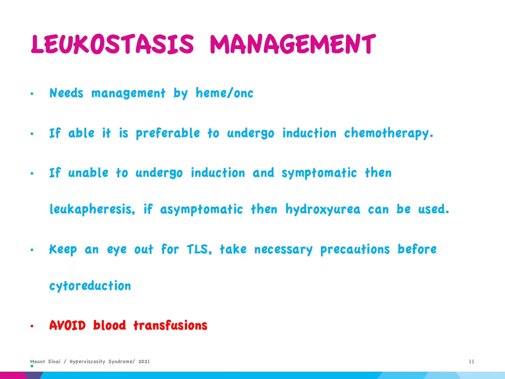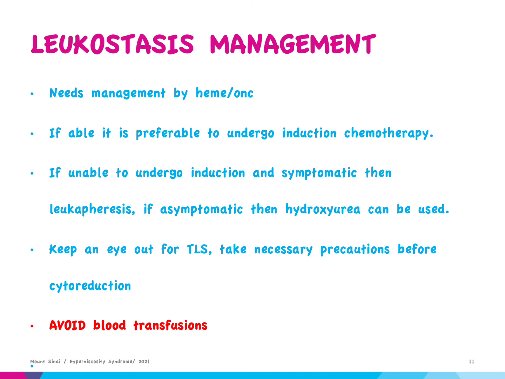And well, you need to really keep an eye out for TLS. Obviously, you need to take precautions before cytoreduction with chemotherapy because there's a huge number of white blood cells. These patients are very much at risk of tumor lysis syndrome, so you have to be very careful and avoid blood transfusions as well.